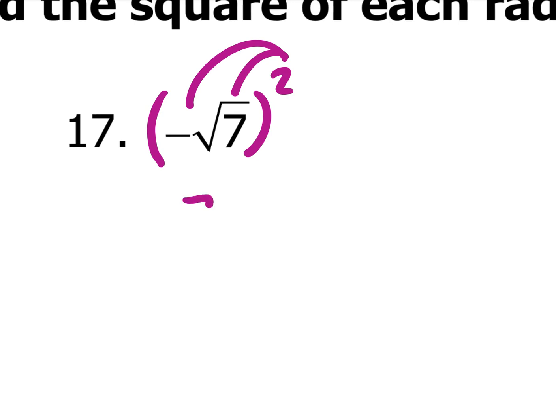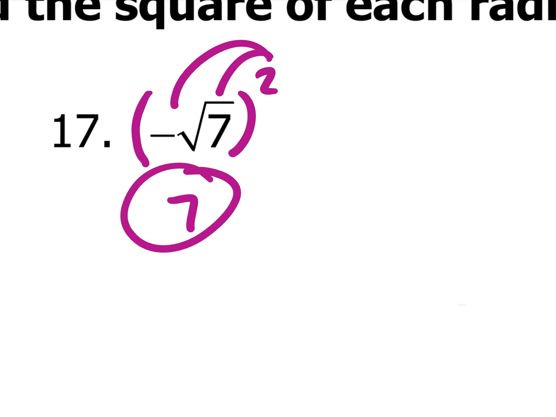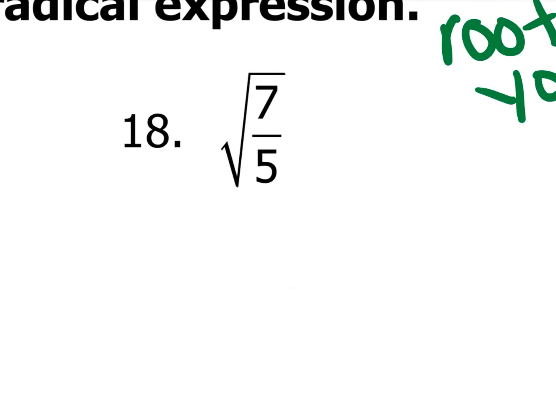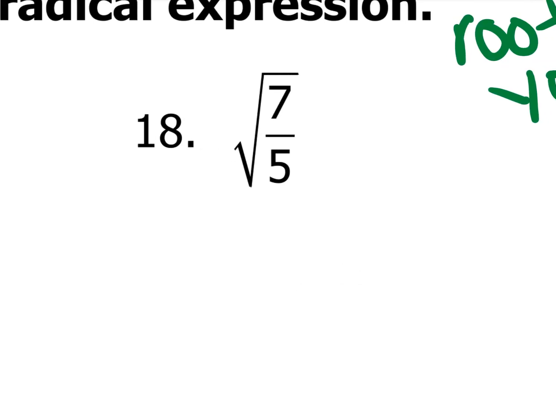So this 7 is going to be a positive 7. It's not going to be a negative because the negative goes away. Negative times negative makes a positive.